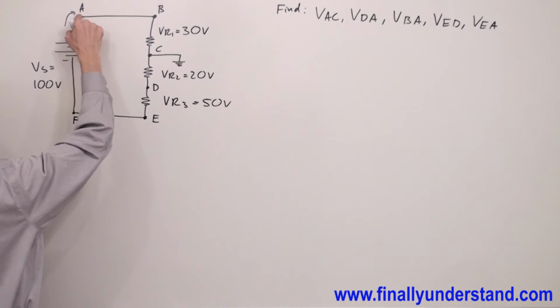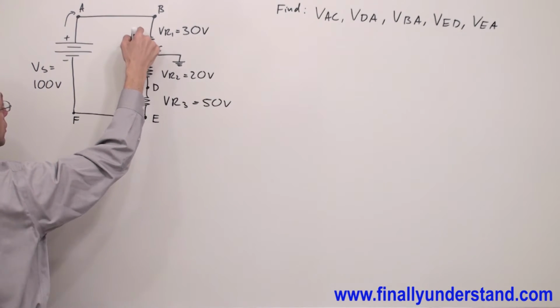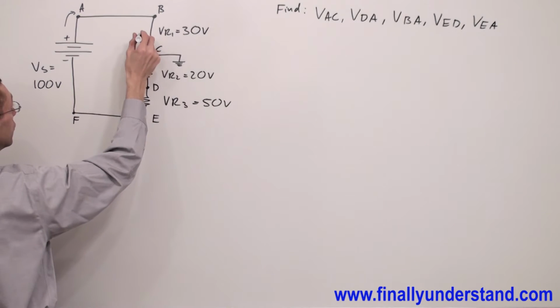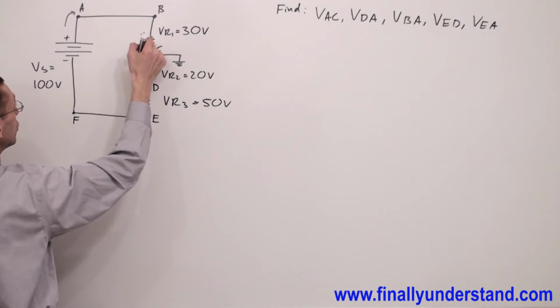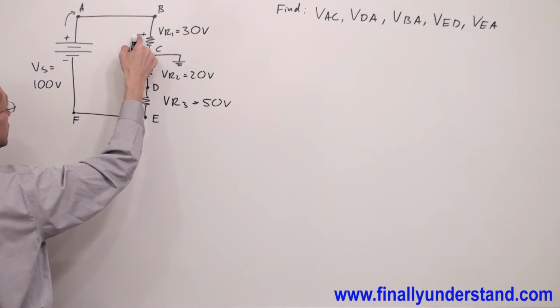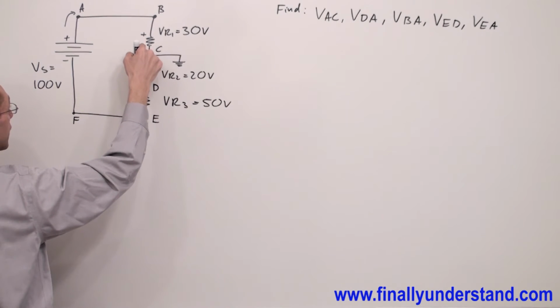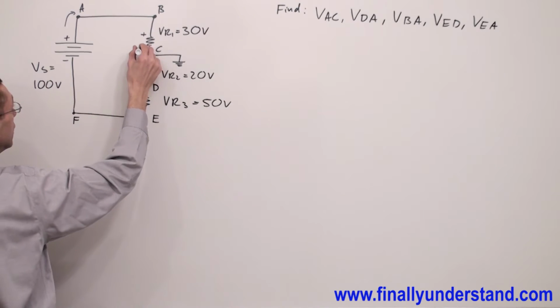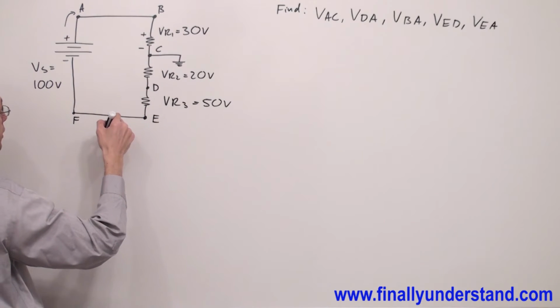Remember, anytime current enters a component, in this case a resistor, imagine that current labels the input with a positive sign. When current leaves the component, it leaves a negative sign.